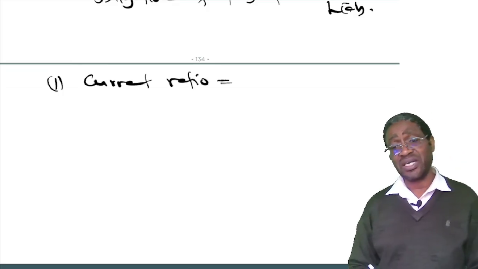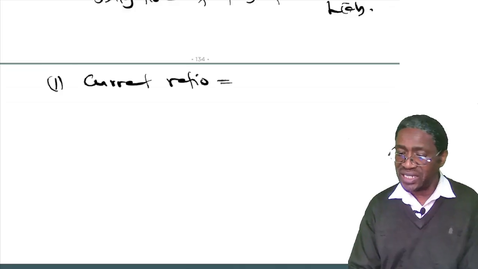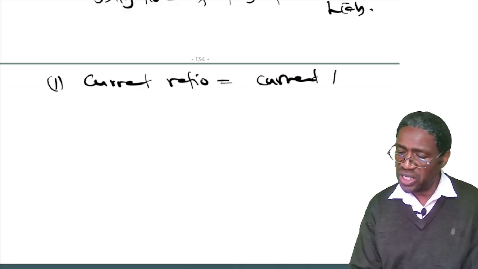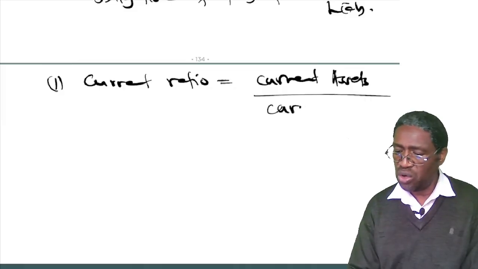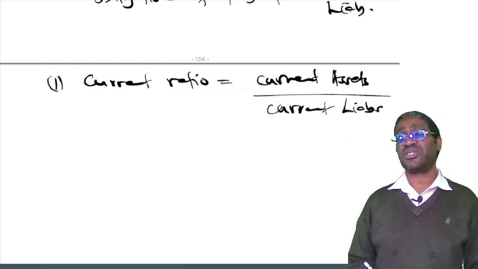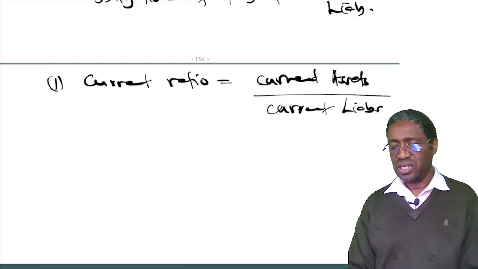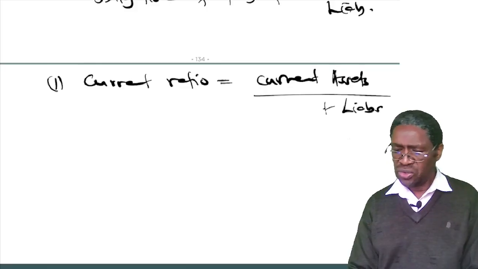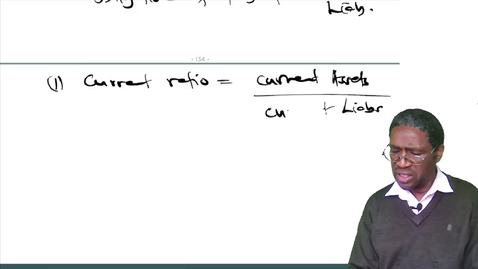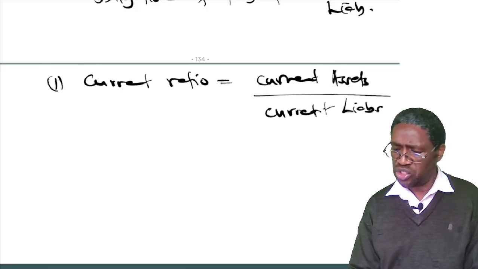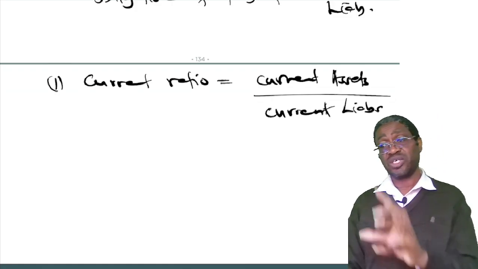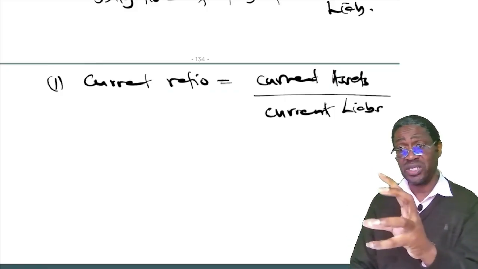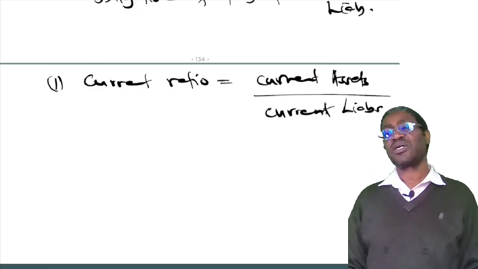To get the current ratio, you take the current assets of your business and divide them by the current liabilities. That's how we shall be calculating the ratio we are calling the current ratio.